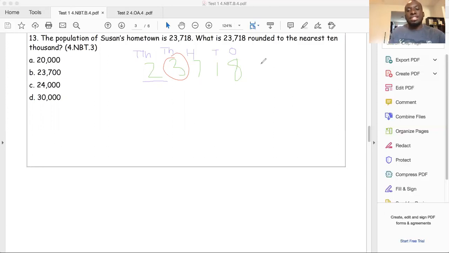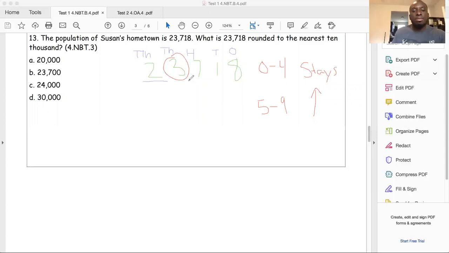Remember, if it's 0 through 4, it stays. If it's 5 through 9, you go up.